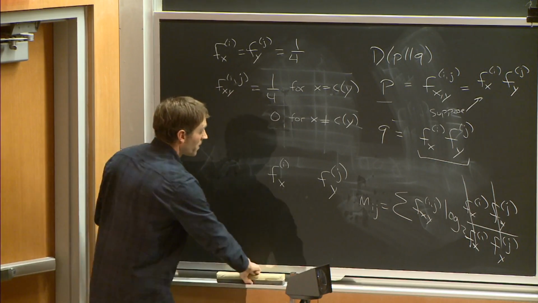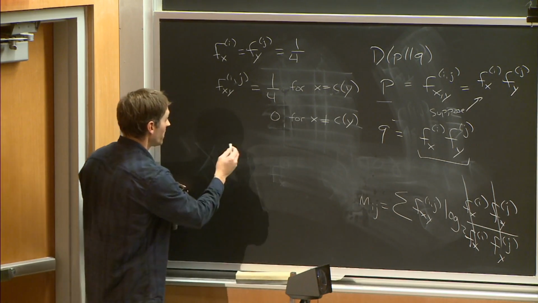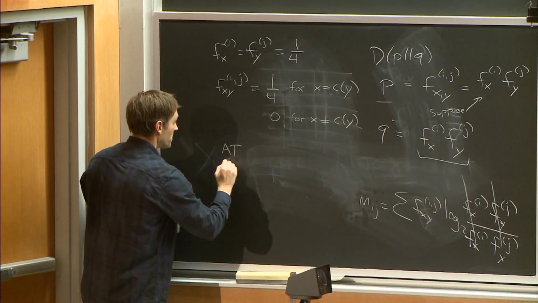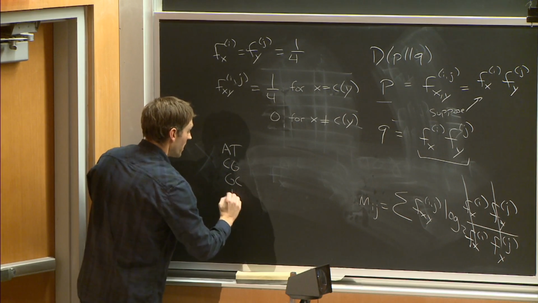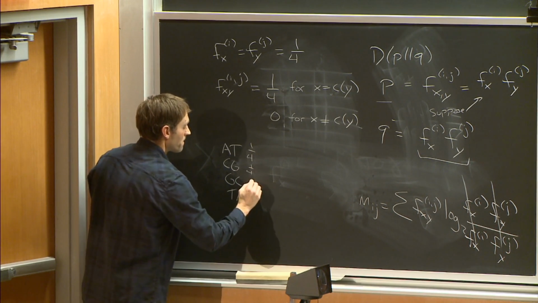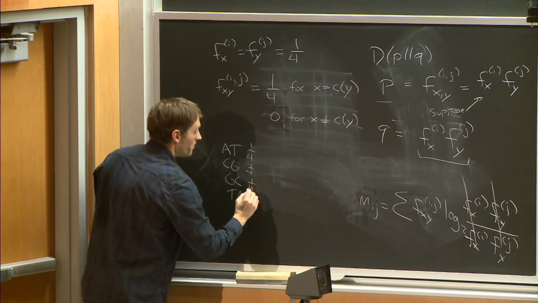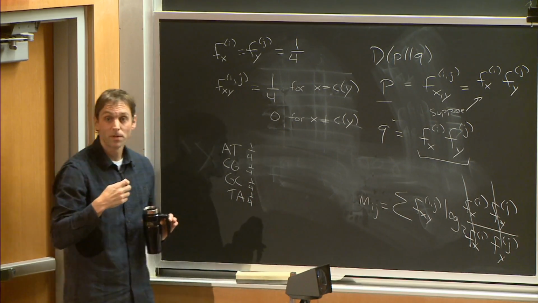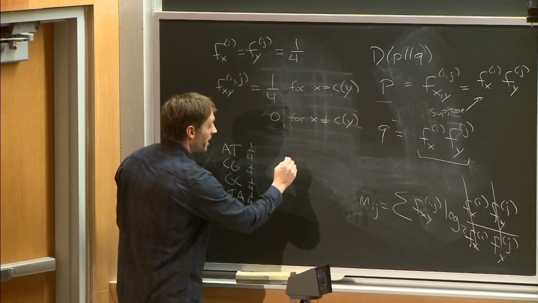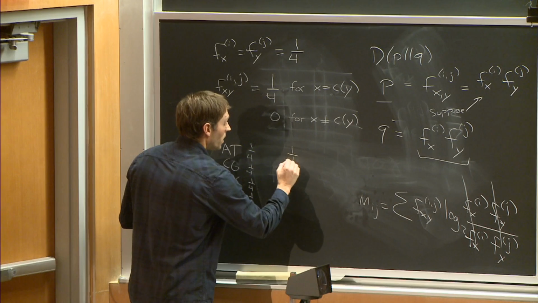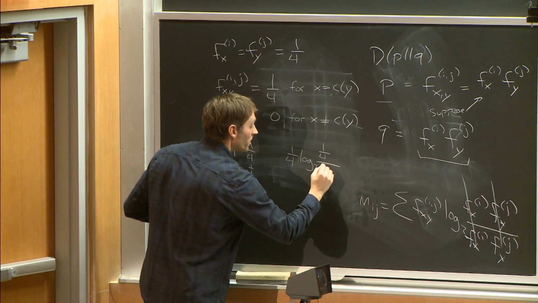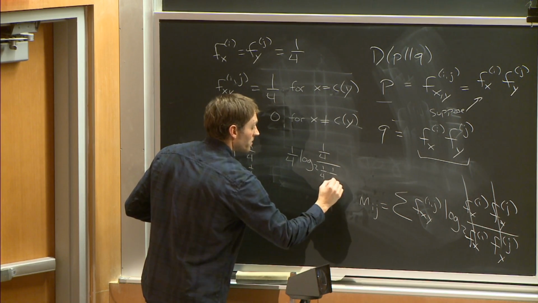So for example, if we have only the dinucleotides AT, CG, GC, and TA occur, and each of them occurs with a frequency of 1/4, then you'll have 4 terms in the sum, because remember, 0 log 0 is 0. Each of them will look like 1/4 log of 1/4 over 1/4 times 1/4, right?